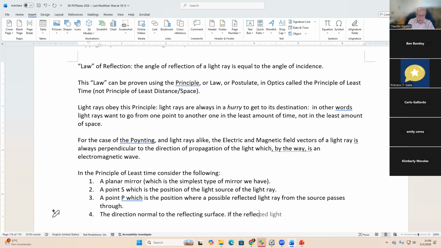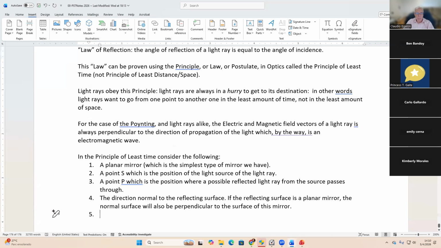If the reflecting surface is a planar mirror, the normal direction will also be perpendicular to the surface of the plane of this mirror.